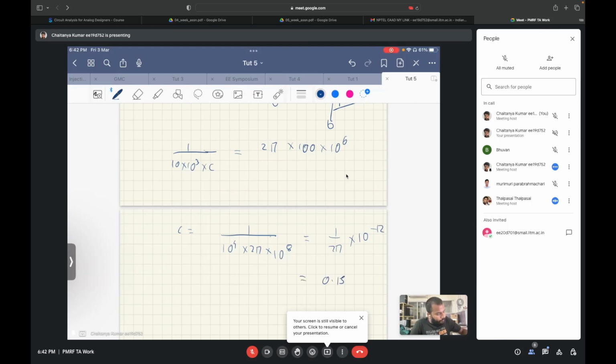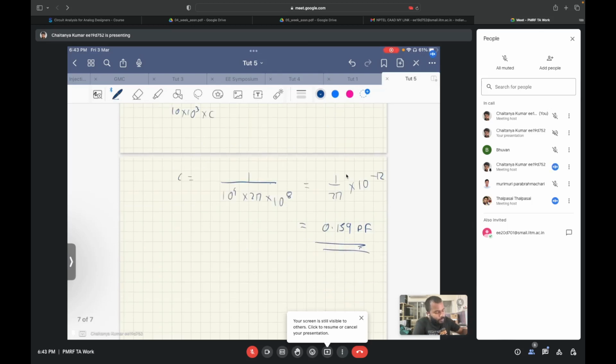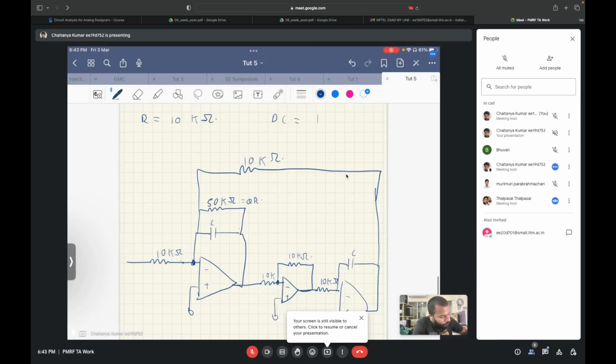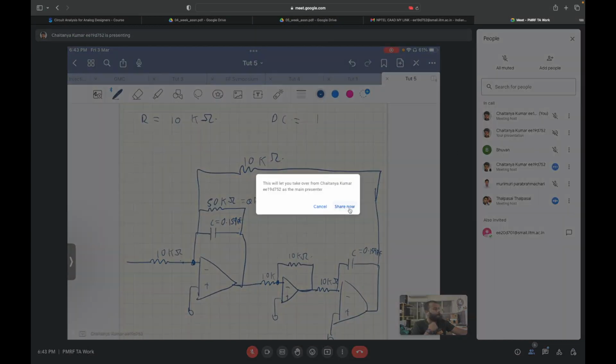Yes. So we got this equal to 0.159 picofarad. This input resistance is also 10 kilo ohms. If it is 1 kilo ohm, it would be 1.59, correct. So we are assuming 10 kilo ohms, and we will go ahead with this. So let's come to the simulator for this.